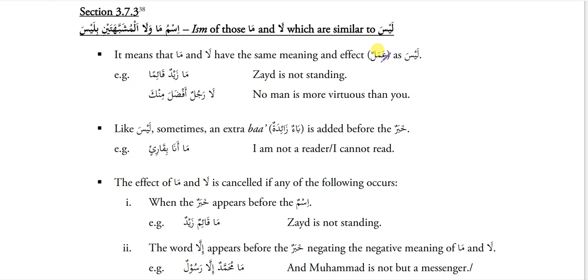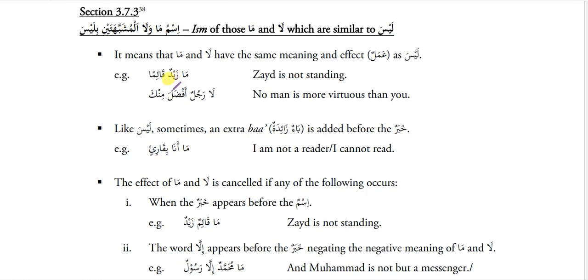They come before mubtada and khabar and change their i'rab. So see, before ma it was Zaidun qa'imun, but when ma is added it becomes Zaidun and it changes the i'rab of khabar. So ma is like kana. Now Zaidun becomes the ism of ma and qa'iman becomes the khabar of ma, and the translation will be negative. Ma Zaidun qa'iman, Zaid was not standing.